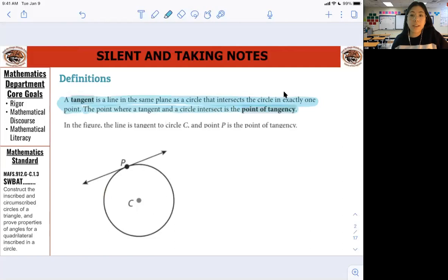I know that the word tangent, we've seen it in triangles, right? Tangent is what over what? Remind me again. Opposite over adjacent. Good. That's a triangle situation, for right triangles.